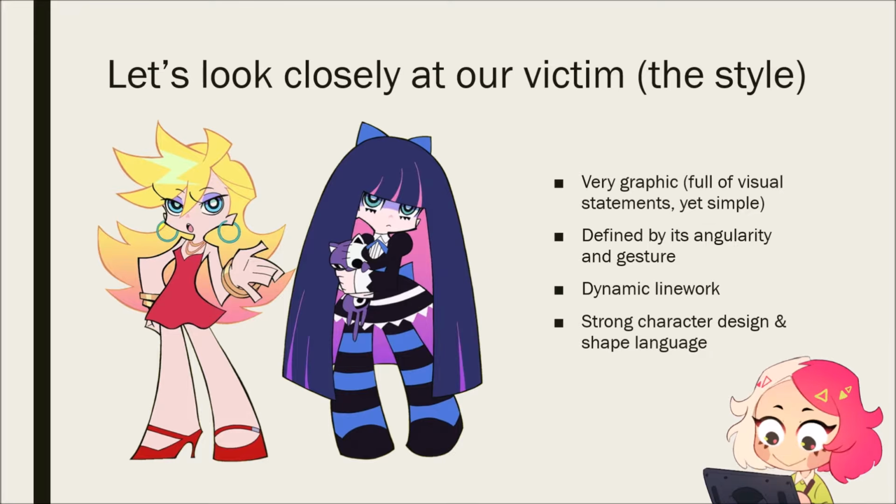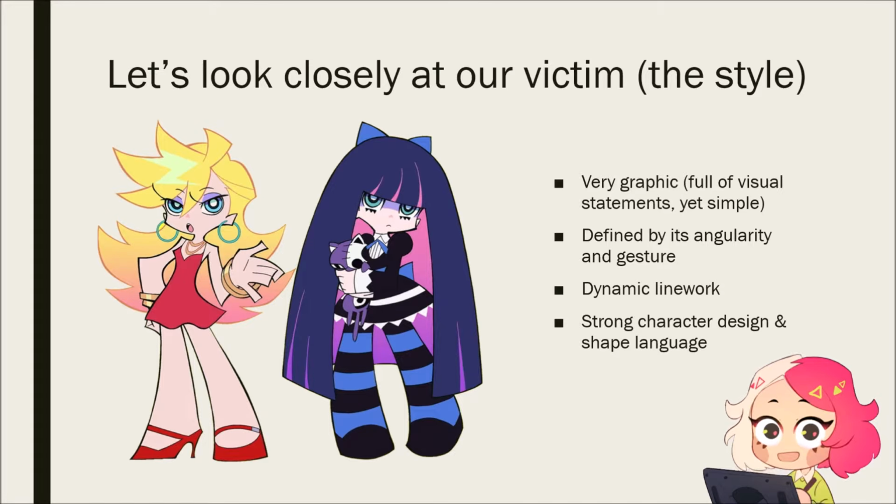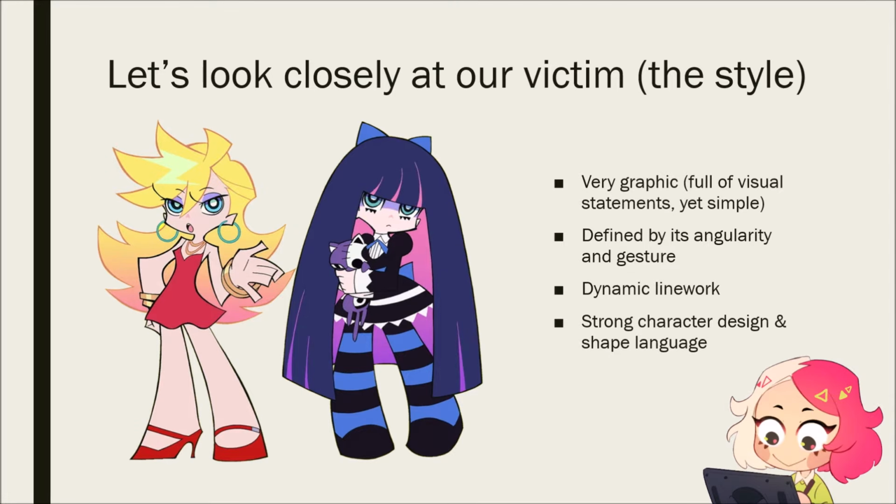This also is echoed in the actual design of the characters. It is noticeably very angular, perhaps more with Panty, the blonde character on the left, and with Stocking, who is the goth character.